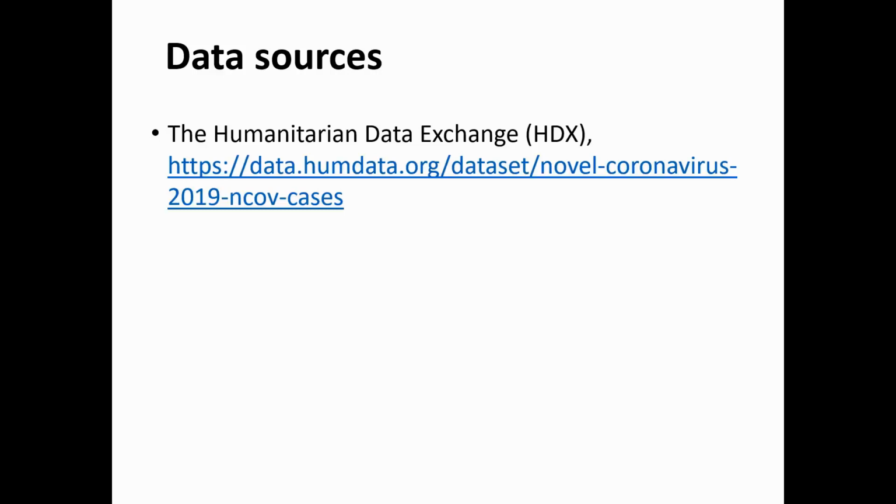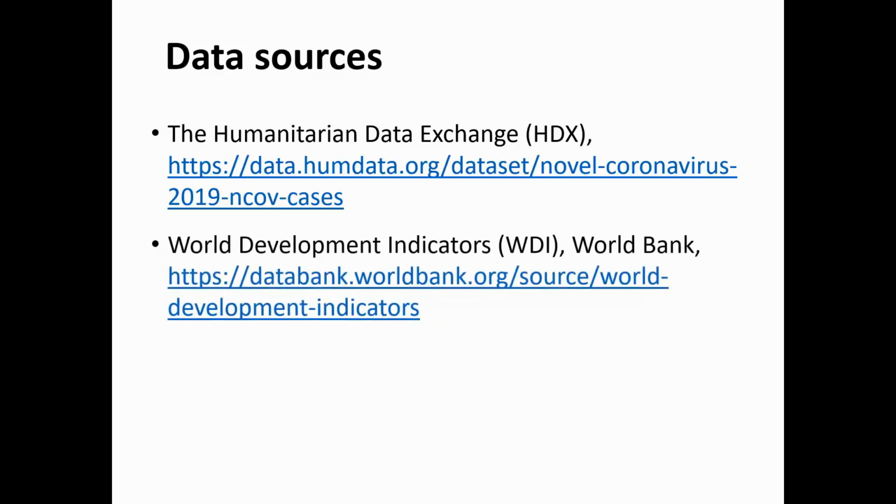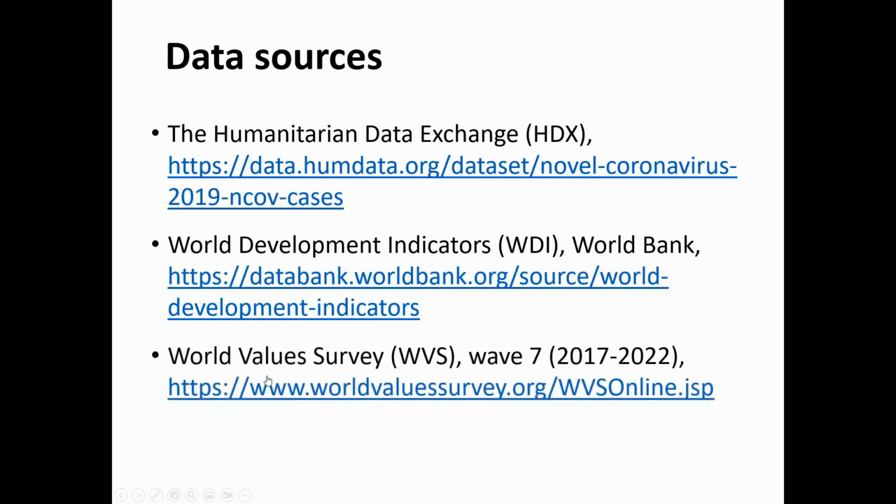For the exercise that we're going to show here, we are going to get data from 3 different sources. The first one is the Humanitarian Data Exchange, which provides the COVID data. The second one is the World Development Indicators from the World Bank. And the third one is the World Values Survey from Wave 7. We're going to get data about confidence in governments.